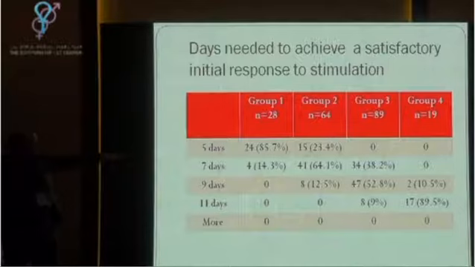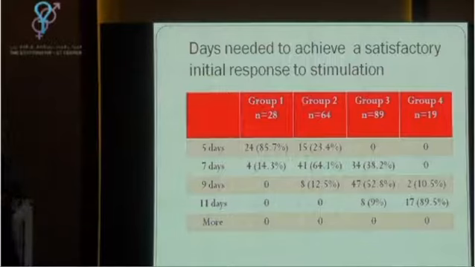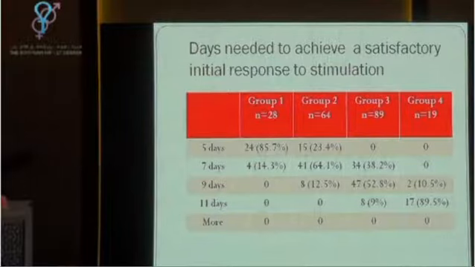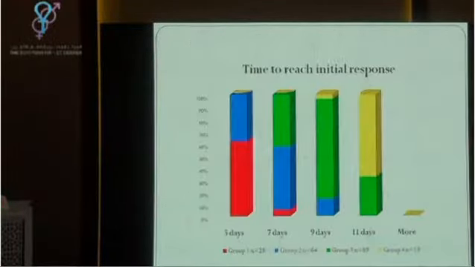The third group here ranges between 2,000 and 3,000 nanograms per milliliter of follistatin. 50% are achieving initial response, and it's starting with the fourth group, with 2 cases only, representing 10.5% of the group. By the 11th day, none of the patients failed to respond beyond 11 days.